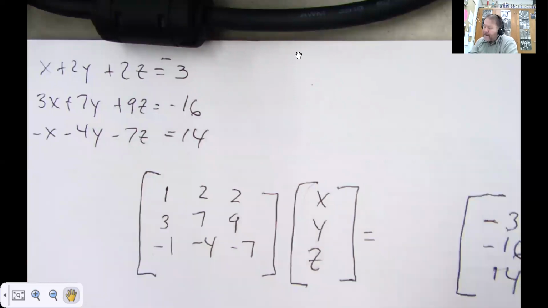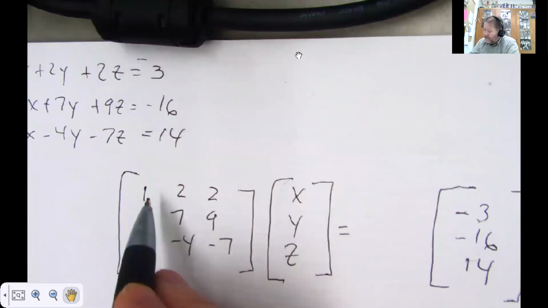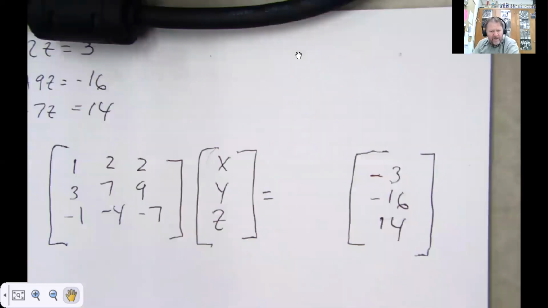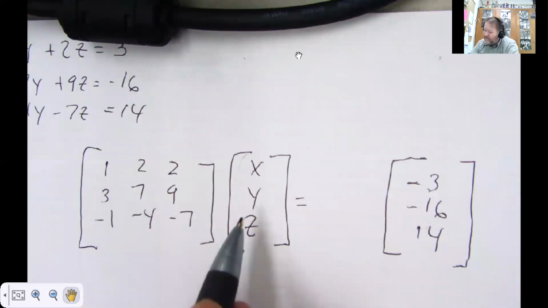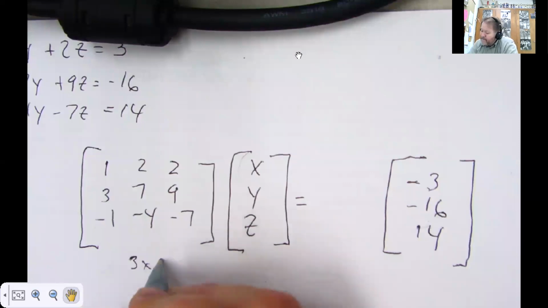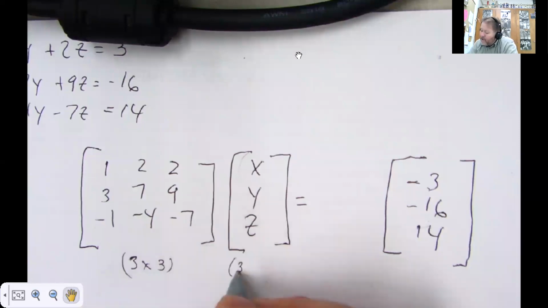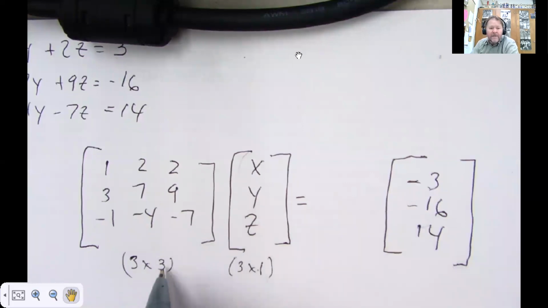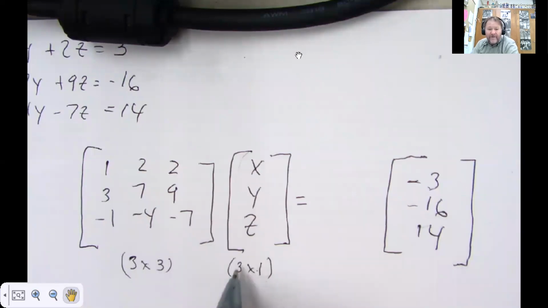Well, let's do it. If I multiply this, first of all, can you multiply this matrix by this matrix? Let's find out. This is 3 rows by 3 columns, and this is 3 rows by 1 column. If the number of columns of the first is the same as the number of rows of the second, it's feasible, it can be done.